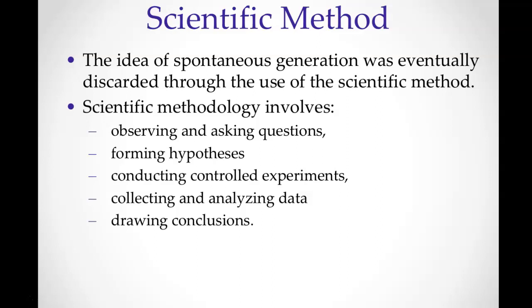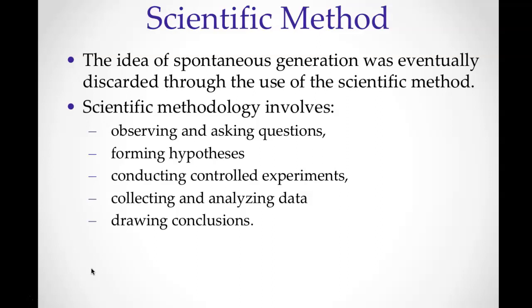So these are the steps of the scientific method that you will use doing your lab today. And for those of you moving on to AP biology that are taking this class as the prereq, we will do a lot of experiments, hopefully in the classroom, where we will work through all of these steps over and over and over. It'll be really cool. You get to design some of your own experiments.